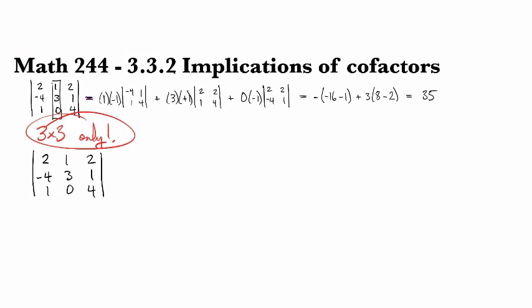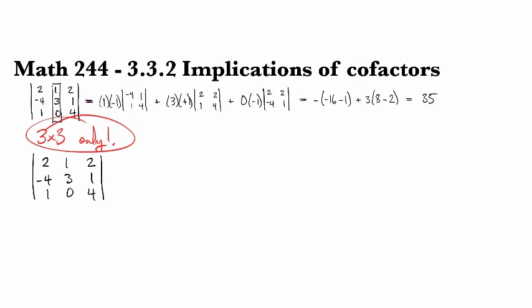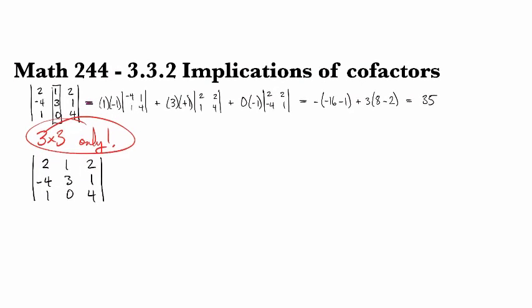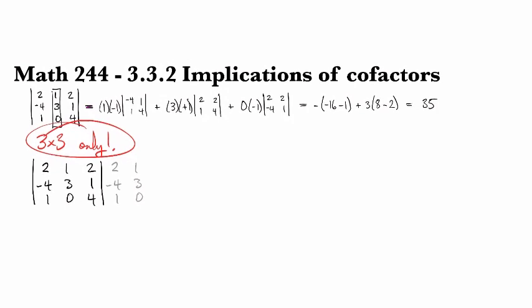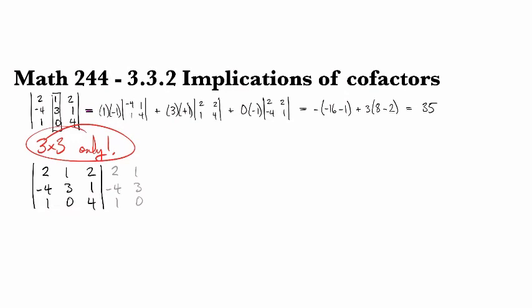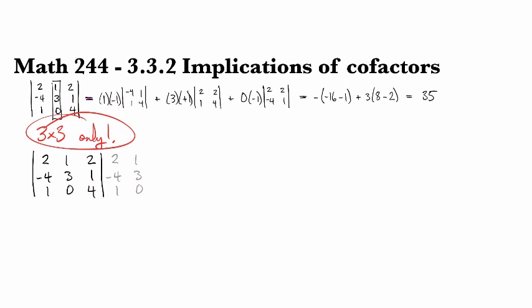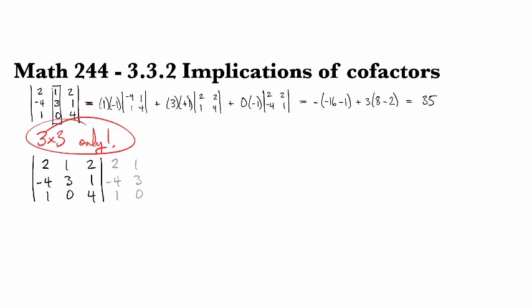And what I'll do is take these first two columns, and I'm going to make a little dummy copy of them over here. I'll make it slightly light colored so that you can see that it doesn't super matter what's going on here. And then what you do is you take products going down the diagonals.